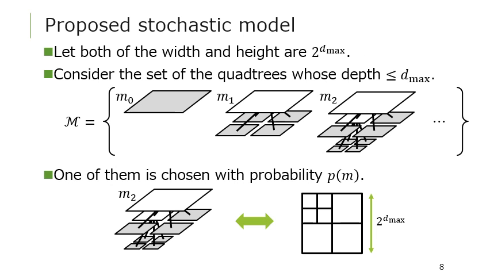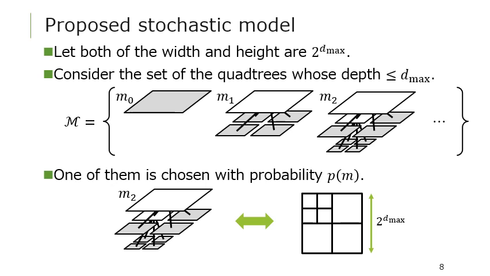Now, I propose a novel stochastic model for the first purpose of this study. For simplicity, let both the width and the height of the target images be 2 to the power of d max.